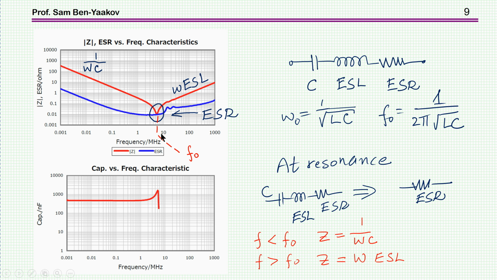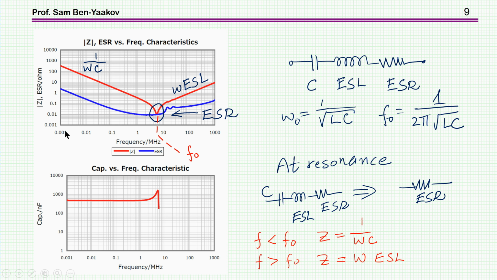And above resonant, we see omega ESL, the impedance going up again because the capacitor is sort of a short. Now at this particular point, which is the resonant frequency, here it is, this is the ESR, and indeed we do have a separate curve now for the ESR as a function of frequency.